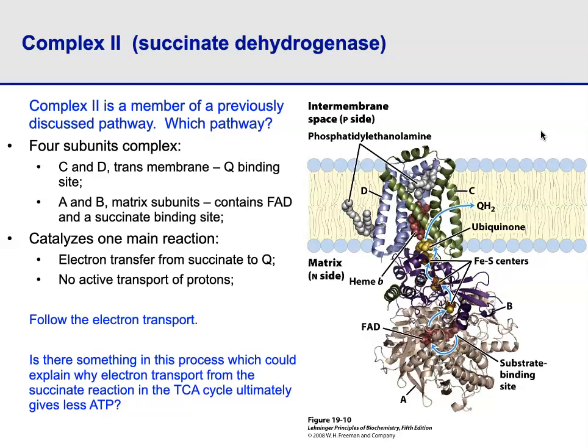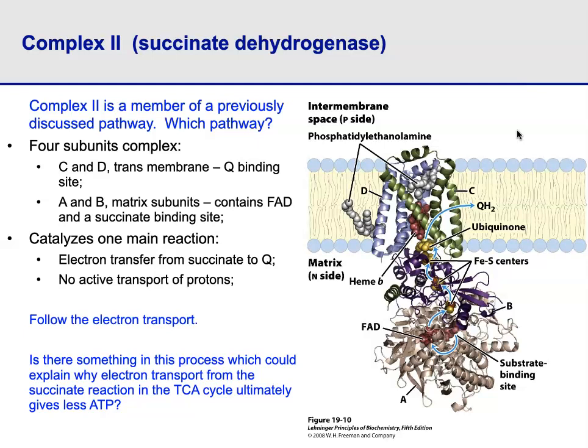So the fact that the electrons loaded on FADH2 skip complex 1, which transports protons and contributes to the generation of the gradient, and are loaded instead on Q through complex 2, skipping any proton transport, eventually would lead to a smaller gradient, or it will not contribute as much to the gradient as those loaded through complex 1, and the resulting ATP synthesized will be less per electron pair.